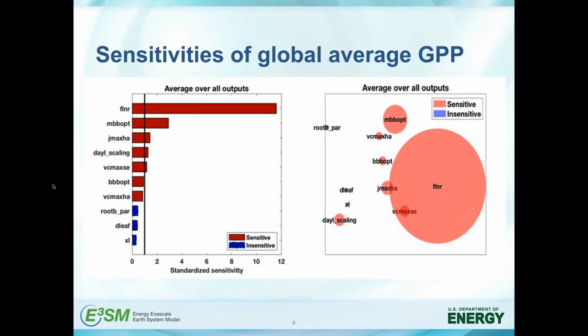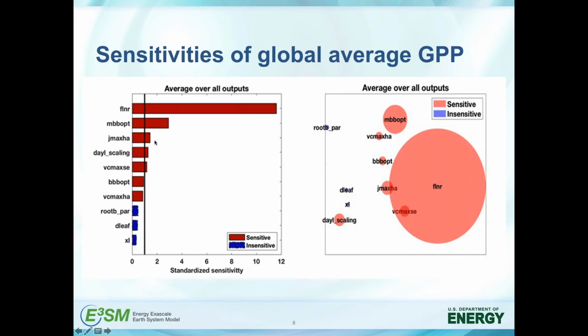In some cases, a particular output might be sensitive to a combination of two or more parameters. So we did that at first for this globally averaged GPP. We can look at the 10 parameters that we varied and the relative sensitivities that we're seeing. What jumps out, of course, is that this FLNR parameter, the top one here, is by far the most sensitive, which isn't all that surprising since that's a direct control on Vcmax or photosynthetic uptake. But we also see other parameters identified as sensitive, the conductance slope in the Ball-Berry equations.